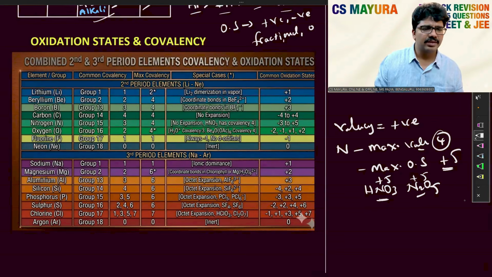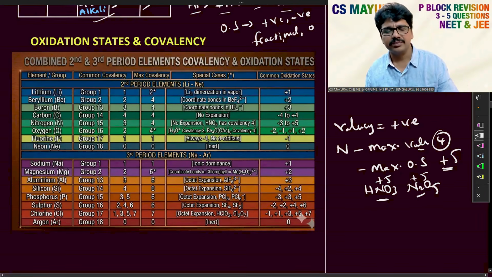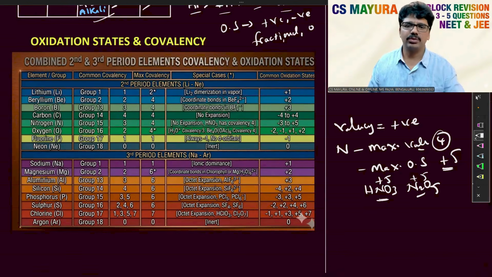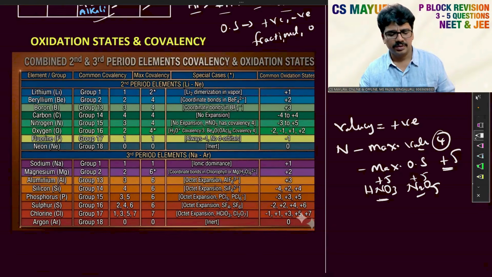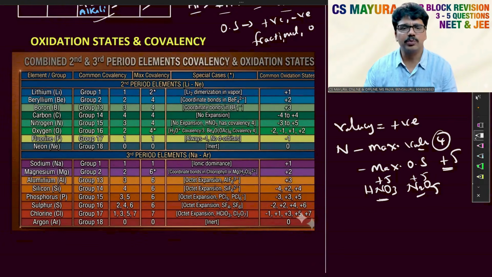Now coming to second period and third period elements, what are their common valencies and maximum valencies? For the first group to the fourth group, the common valency is the group number. For the 15th group to the 18th group, the common valency is 8 minus the group number.